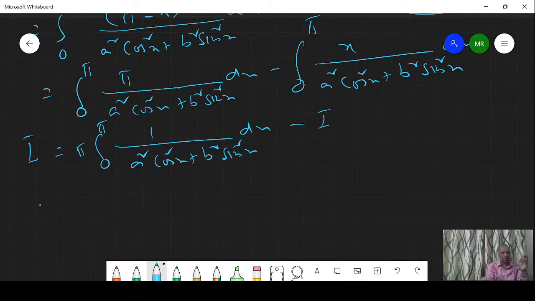Transfer minus I to this side, I plus I, 2I equals pi into 0 to pi.